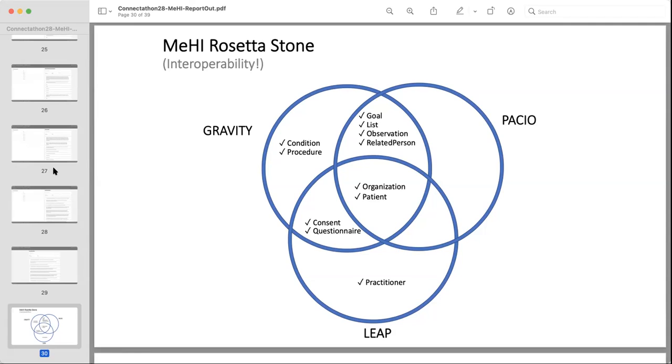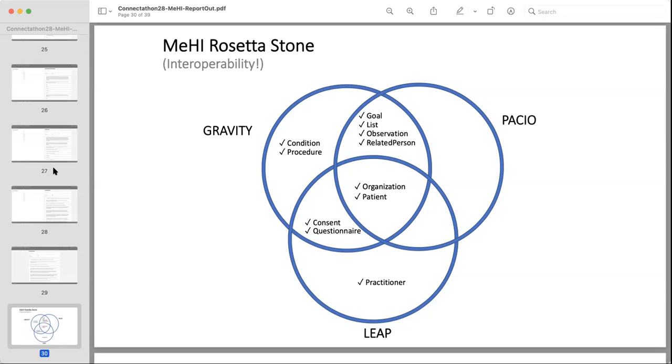The three different implementation guides that we surveyed for advanced directives and consent records, we noticed organization and patient were common to all three. Passio and Gravity had great overlap, and basically Gravity included all the resources that Passio had and more.